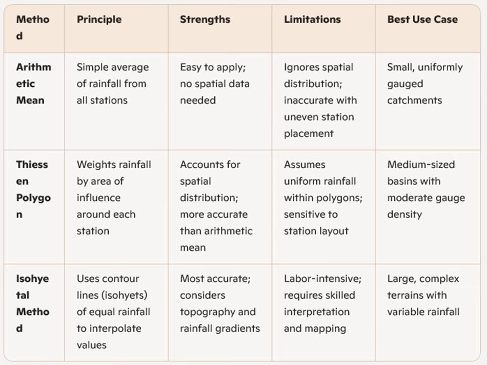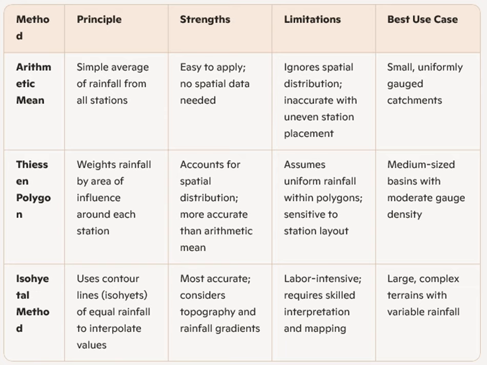Now, in a watershed, which is a very large area, suppose we want to know the mean precipitation of this entire watershed.